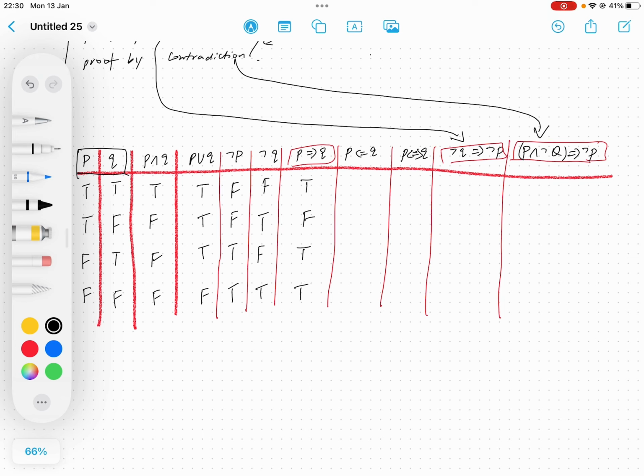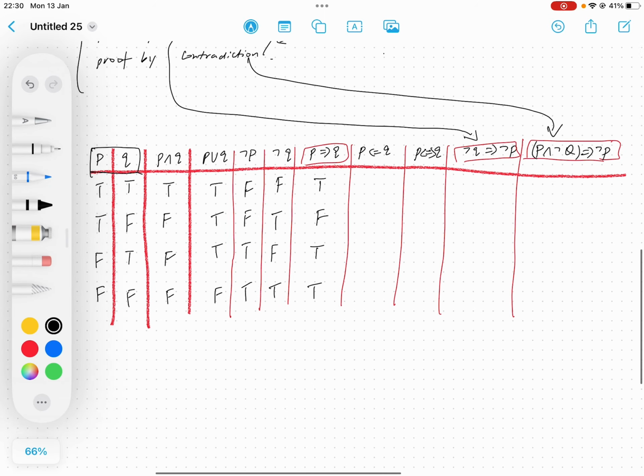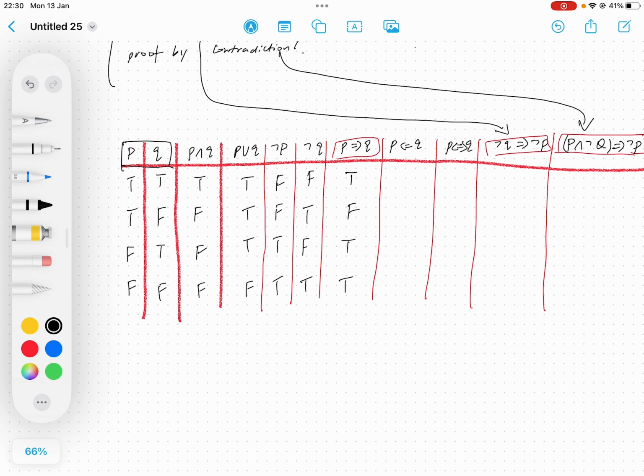The reason is that this is not by any logic. This is just by assumption, or you can take this as given. The reason why we take those two as true is that in those two cases, we have P to be false.